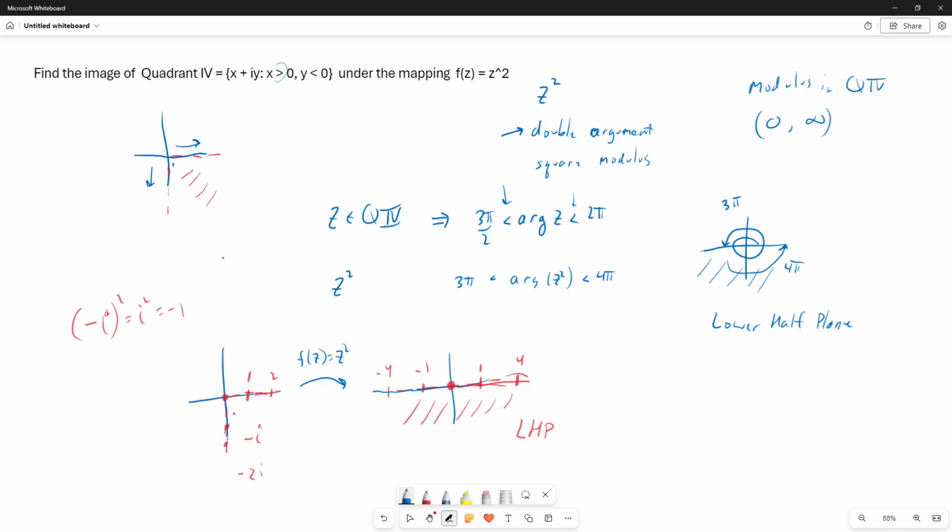And so we see that the boundary lines, the positive real axis and the negative imaginary axis, are landing us on these boundary rays, really. The first ray is the positive real axis, and the second ray is the negative real axis. Okay, so again, the image of quadrant 4 is the lower half plane.